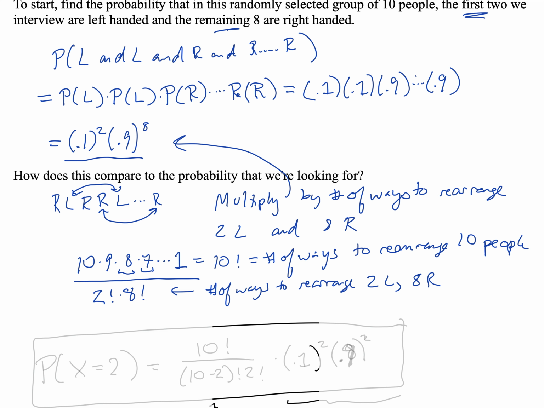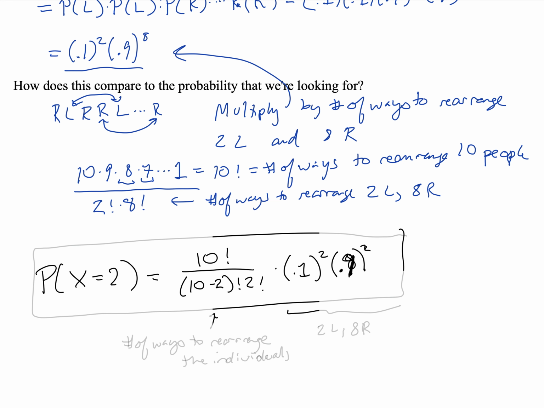So that brings us to our formula, that the probability that x equals 2 is the number of ways to rearrange 10 people divided by 10 minus 2, the number of ways to rearrange 8 right-handed people, times 2 factorial, the number of ways to rearrange 2 left-handed people, multiplied by the probability of having 2 left-handed people in a row, multiplied by the probability of the next 8 people being right-handed, 0.9 to the 8th.